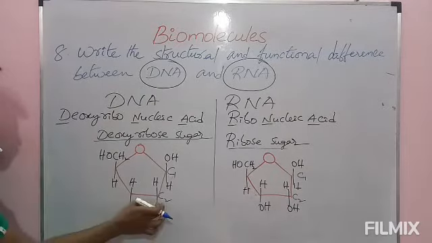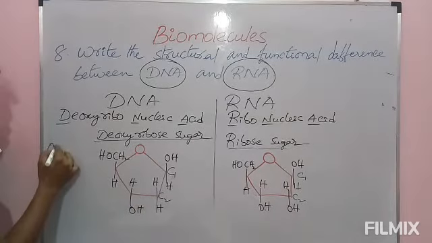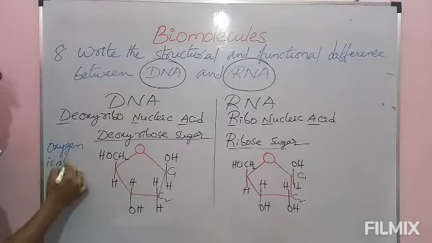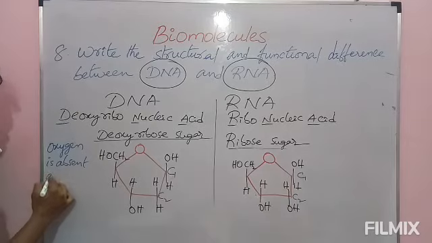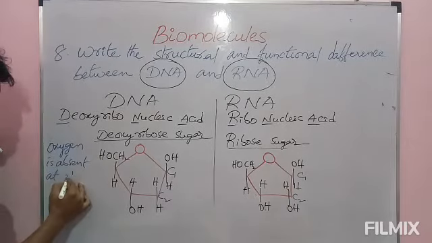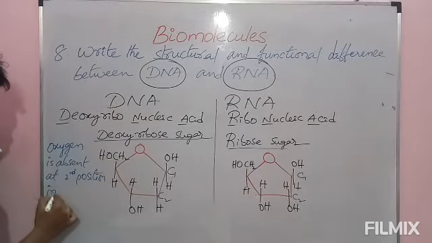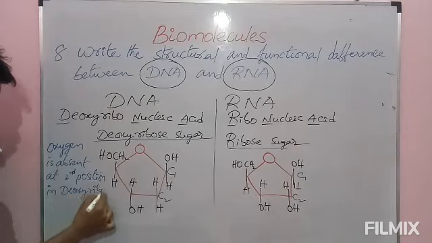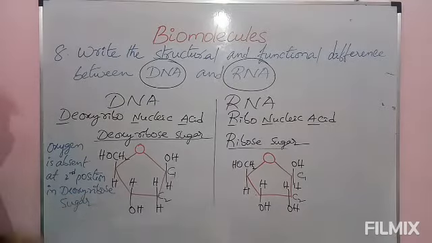Oxygen is missing at the second position in deoxyribose sugar. Oxygen is absent, or you can say missing, anything will be fine. Oxygen is absent at the second position in deoxyribose sugar.